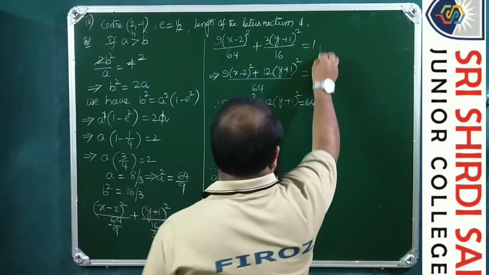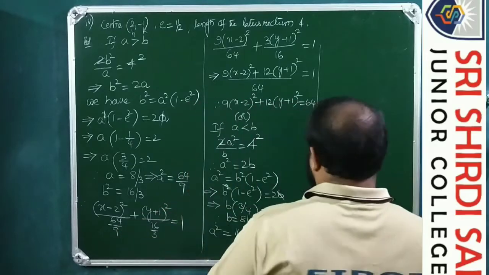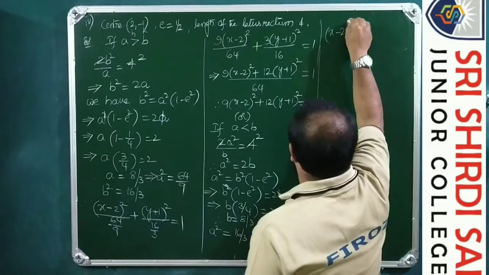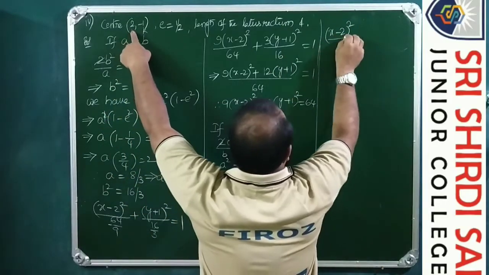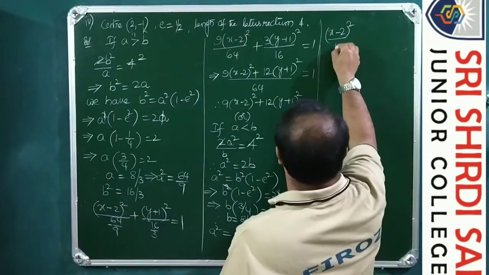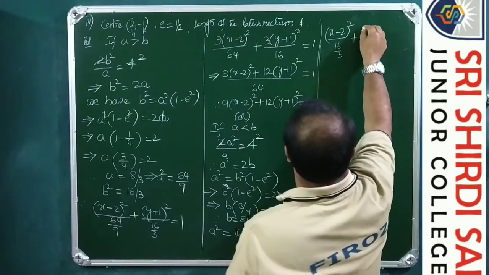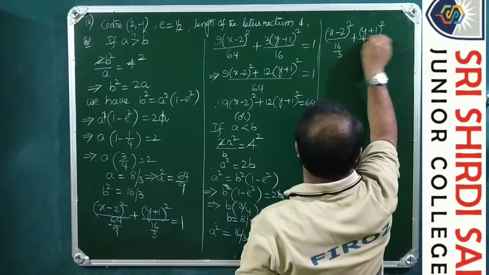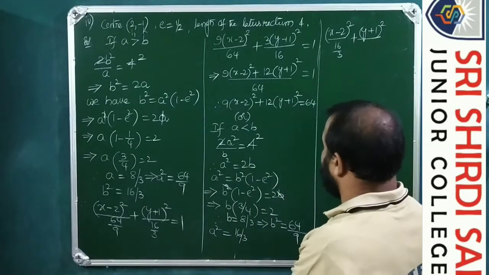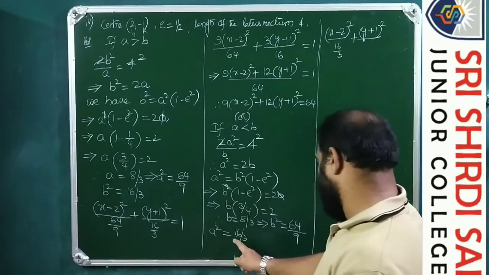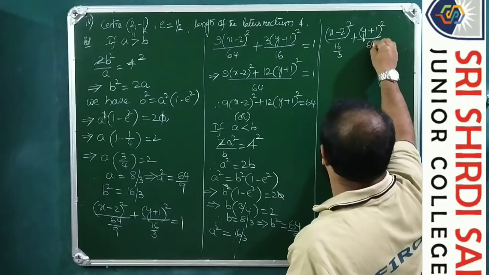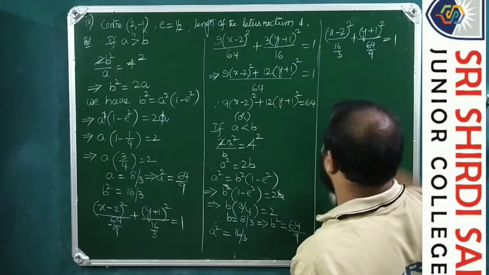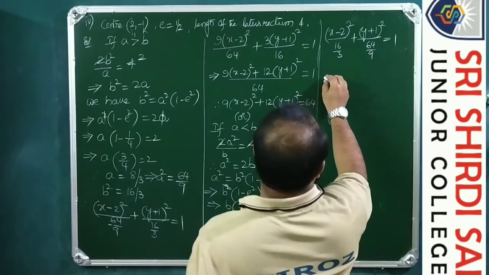Therefore, the equation of the ellipse is x minus 2 whole square by A square, 16 by 3, plus y plus 1 whole square by B square, 64 by 9, equals 1.